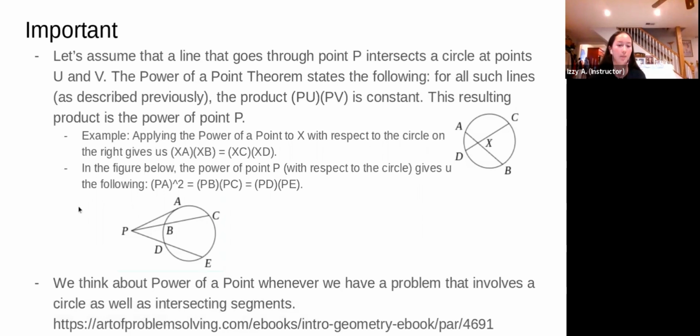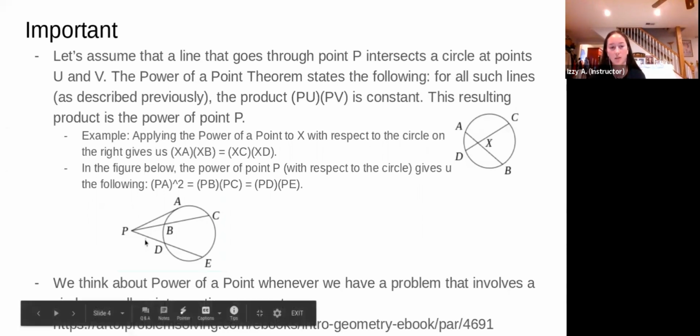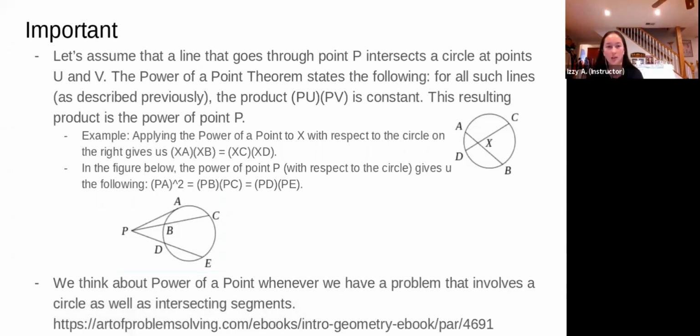We think about power of a point whenever we have a problem that involves a circle as well as intersecting segments. And of course, we're going to practice using power of a point because this concept might be a little bit weird in the beginning, but eventually it will make sense.